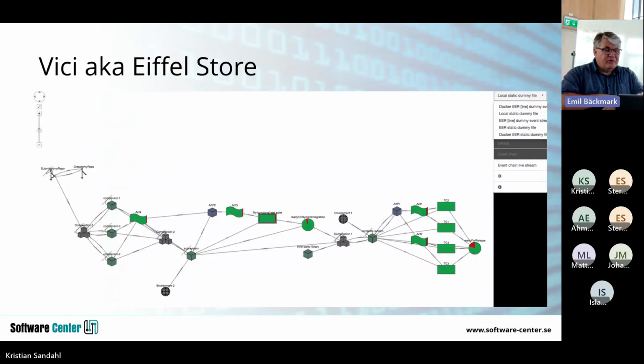So if we go for the visualization part, we were instrumental in creating a tool called Vici that is available on the store. But to run it against the MongoDB, we also have a spin-off there called Eiffel Store. I don't know if you have seen it before, but we use different symbols for different types of events.